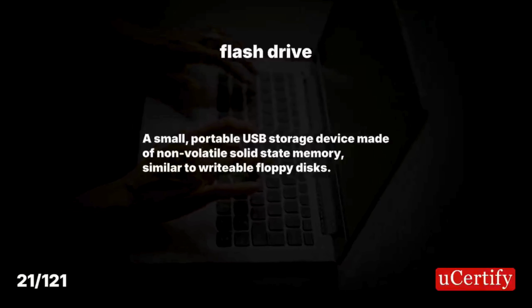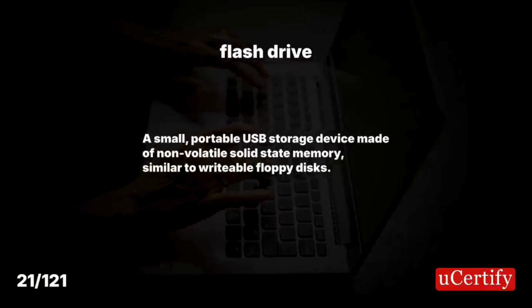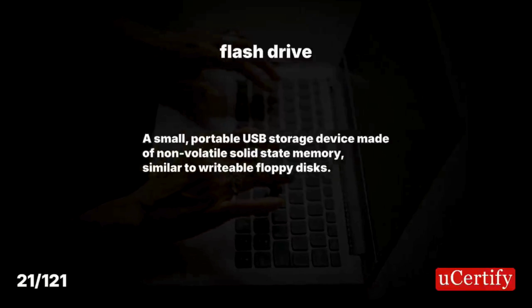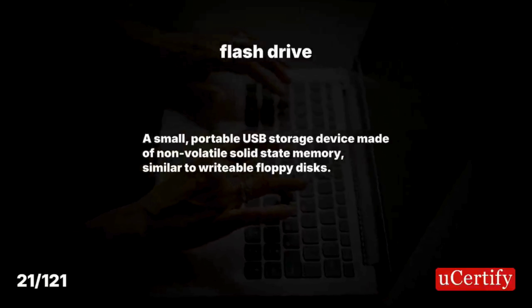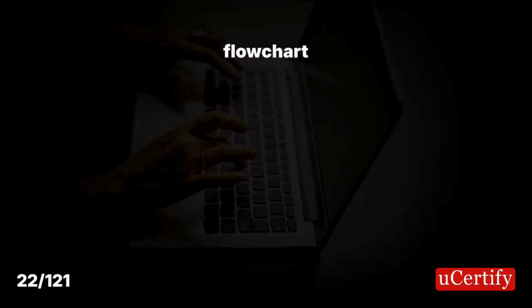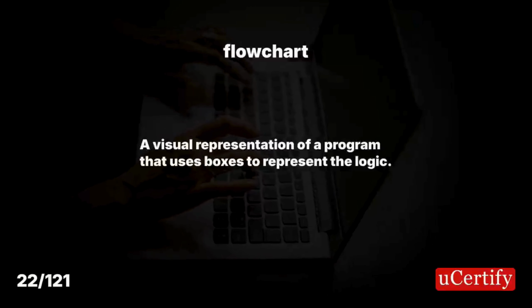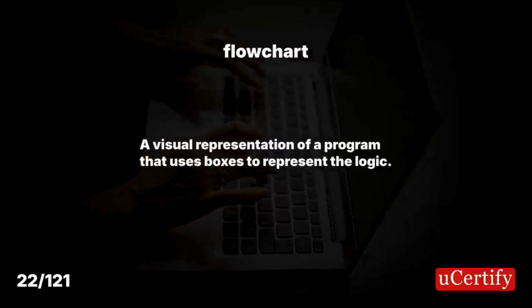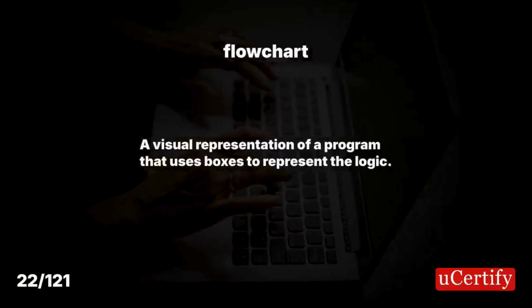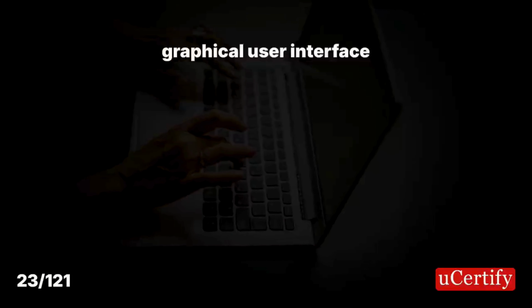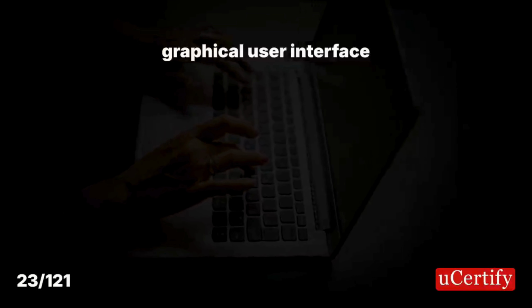Term: flash drive. Definition: a small, portable USB storage device made of non-volatile solid-state memory, similar to writable floppy disks. Term: flowchart. Definition: a visual representation of a program that uses boxes to represent the logic. Term: graphical user interface.